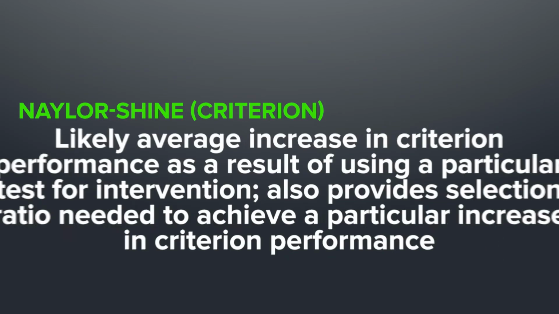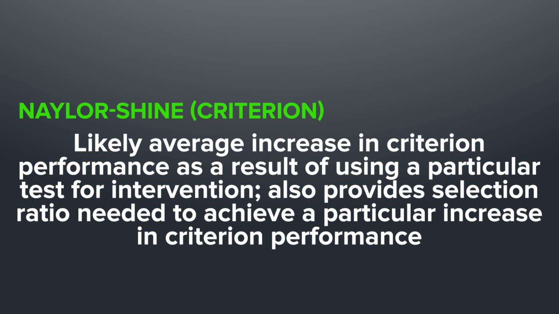And then there's Naylor-Shine. It is the likely average increase in criterion performance as a result of using a particular test for intervention, and it also provides the selection ratio needed to achieve a particular increase in criterion performance. So let's say you have 10 salesmen, and on average they can make 5 sales of your product out of 100 prospects.